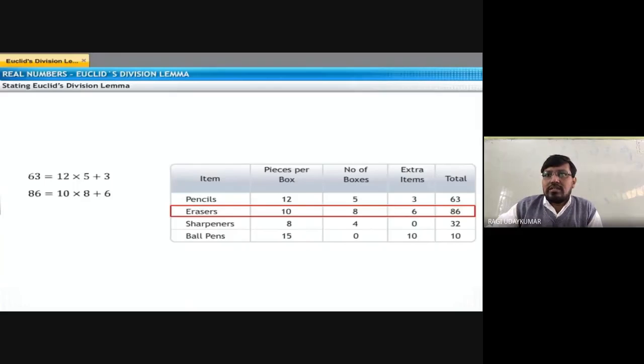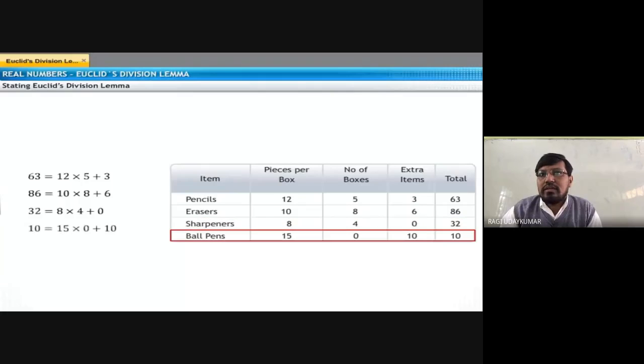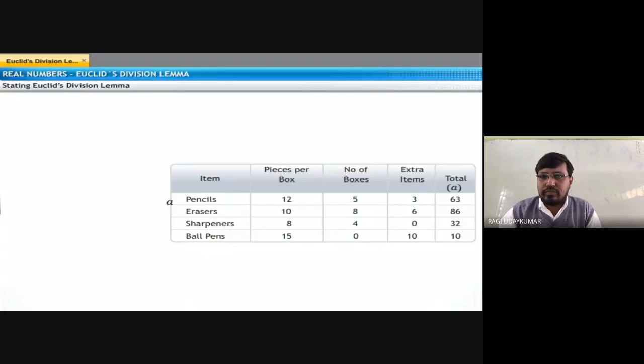In the sharpeners' case, 32 can be written as 8 into 4 plus 0. And the ball pens can be written as 15 into 0 plus 10, because there are no boxes. Like this you can express these numbers 63, 86, 32 and 10.